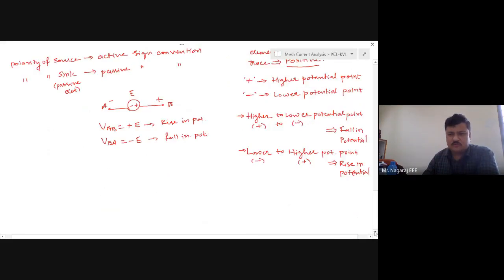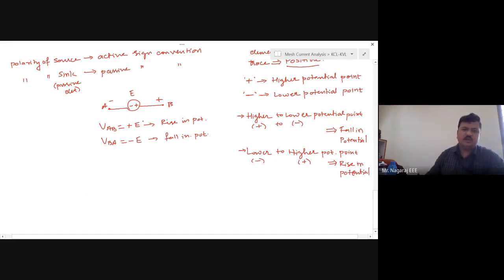Today we will look into the potential rise and fall in passive elements. The same concept has to be applied: rise in potential positive, fall in potential negative. But one thing we should look into here is, for a source, the higher potential point and lower potential point are defined.